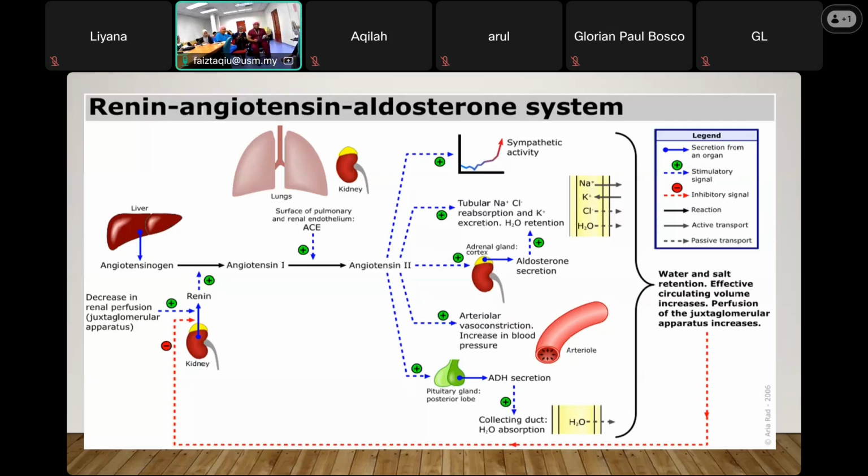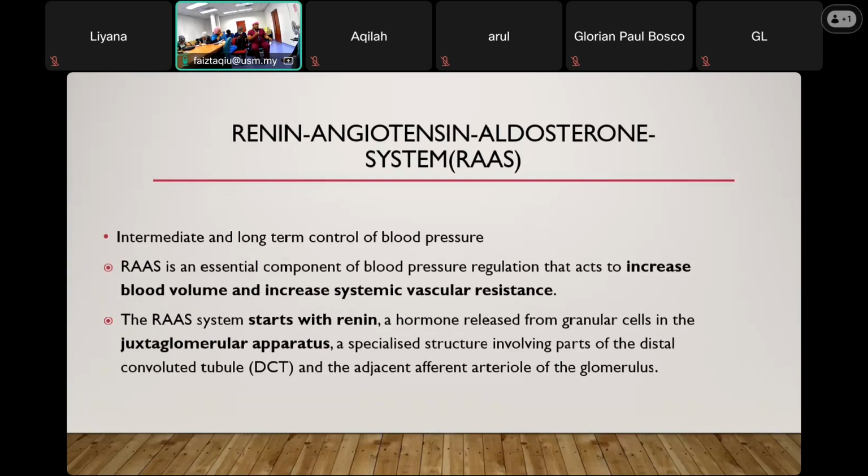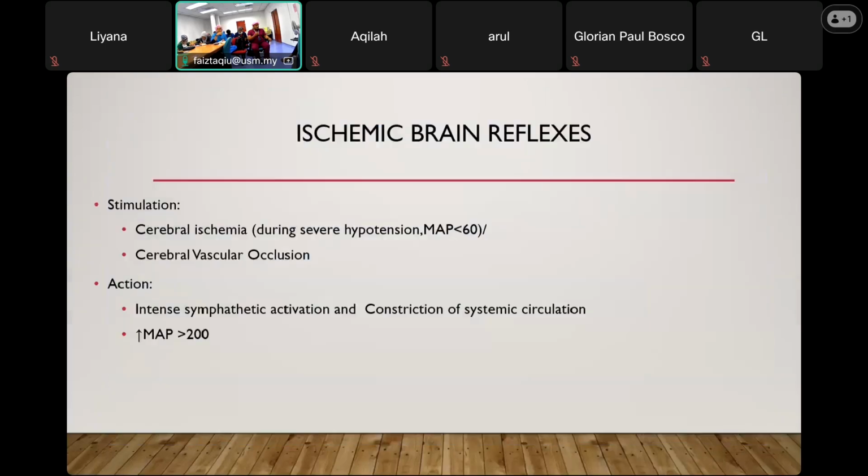Okay. What is the effect of central ischemic response in severe hemorrhage? In severe hemorrhage, there is a reduction in the blood volume in the body, so it will reduce the cardiac output. So when is this central ischemic response triggered? When it's obviously severe hemorrhagic shock, right?